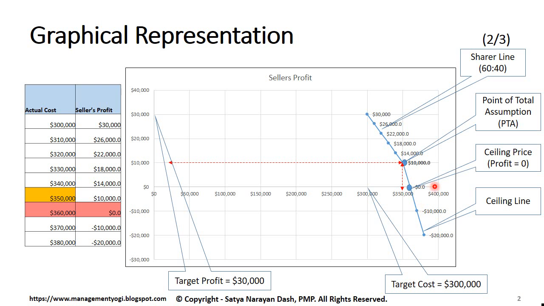Again the cost is going further and further. So here if you look, we have two lines. One line is this one, till PTA, another line is this one, beyond PTA. Till PTA, the profit margin is slowly reducing, but beyond PTA, the profit margin is sharply reducing, turning into losses.